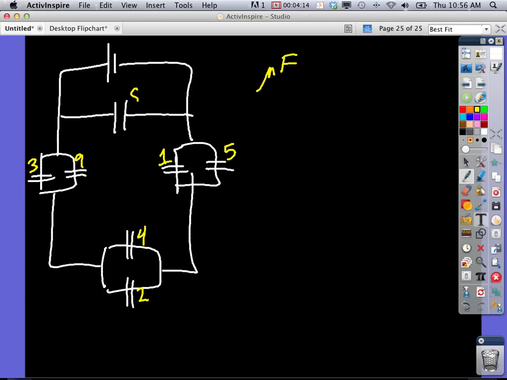And then this one will be 8. And then make this 10 volts. It's going to be ugly, but whatever.